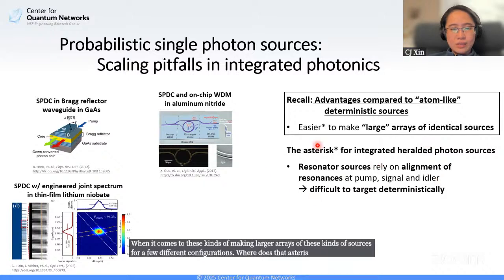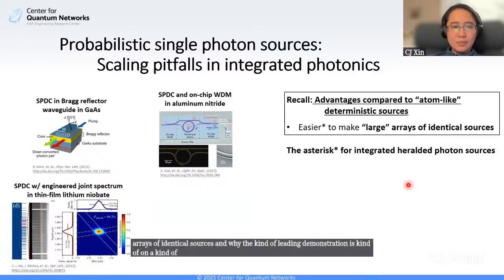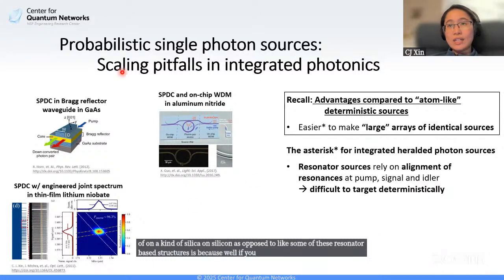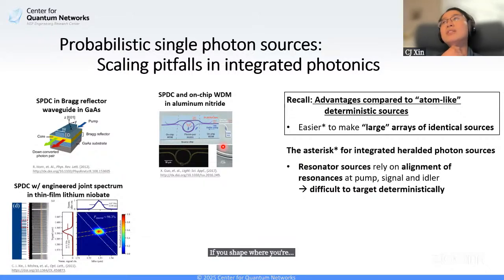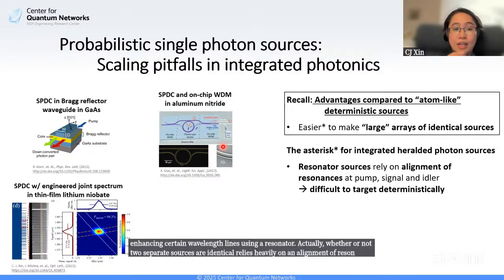One reason there's a big asterisk on whether we can make large arrays of identical sources, and why the leading demonstration is on silica on silicon as opposed to resonator-based structures, is that if you shape where your photon pairs are generated by selectively enhancing certain wavelength lines using a resonator, whether two separate sources are identical relies heavily on an alignment of resonances at pump, signal and idler.